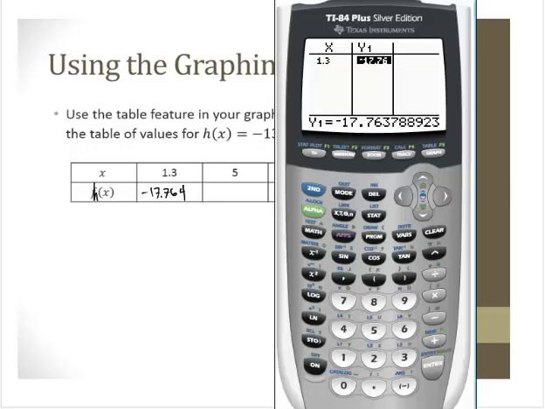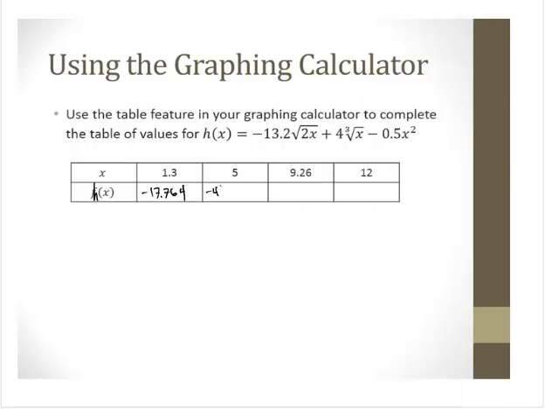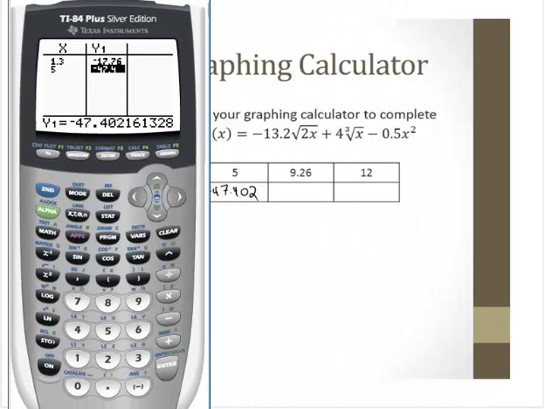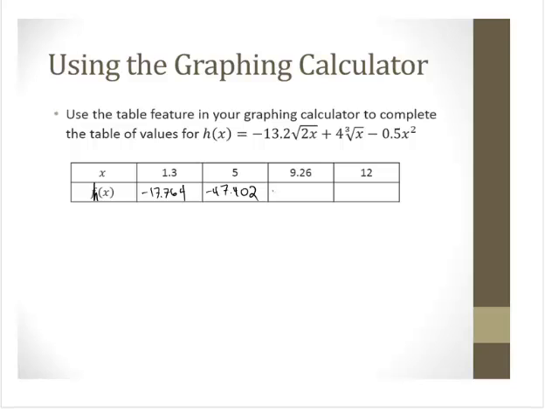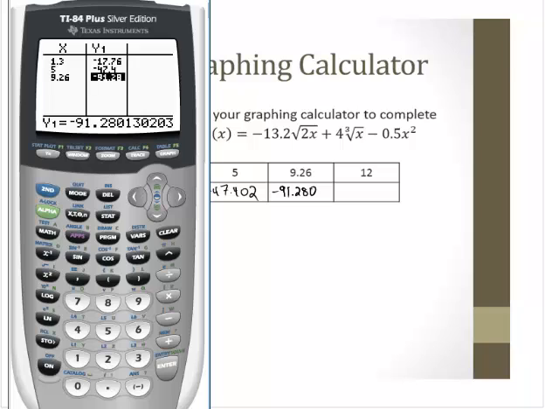Now I'll go back over to the x column and I'll type in x equals 5 and hit enter, move over, negative 47.402. My next x value is 9.26, negative 91.280, and finally, if x equals 12, negative 127.509.